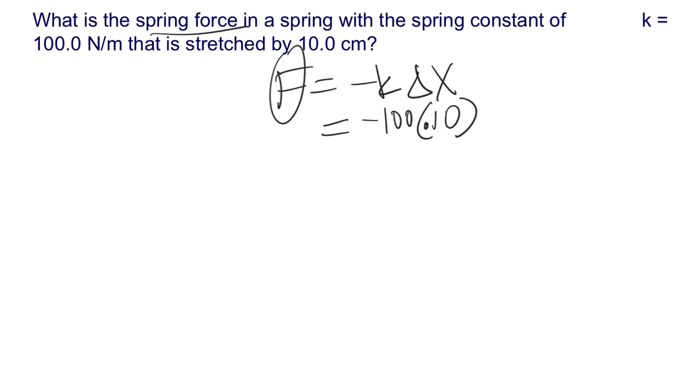So the 100 changes it back, so 10 newtons, and it's always going to be in the opposite direction of what delta x is. So if the delta x is negative, the force will be positive.